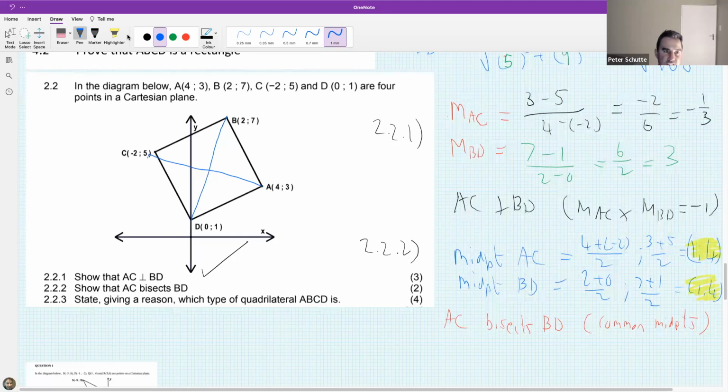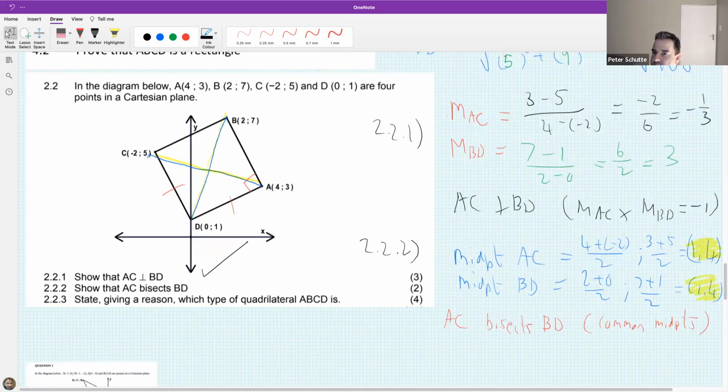So maybe some of us should check the length of the diagonals, and maybe some of you could check the angle. A rhombus automatically has equal sides, so that's not in doubt. What's in doubt is whether this is a 90-degree angle, or whether these diagonals are equal in length.